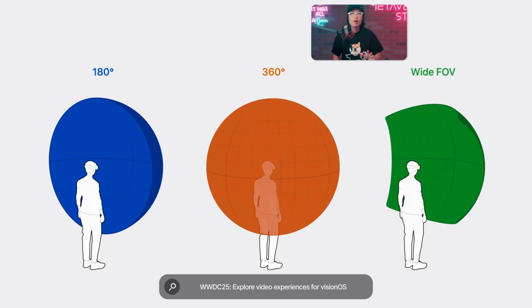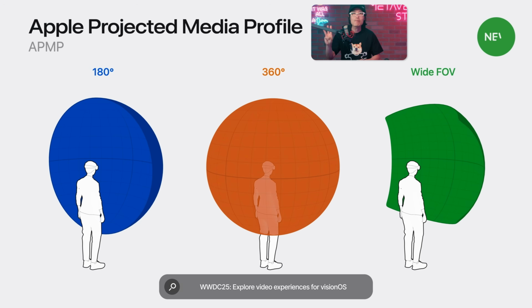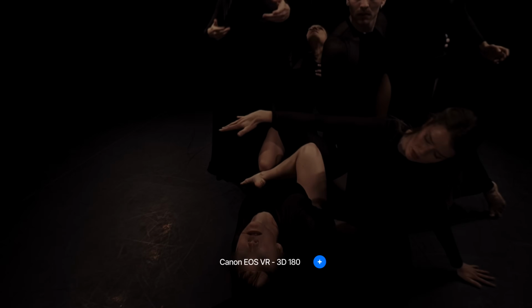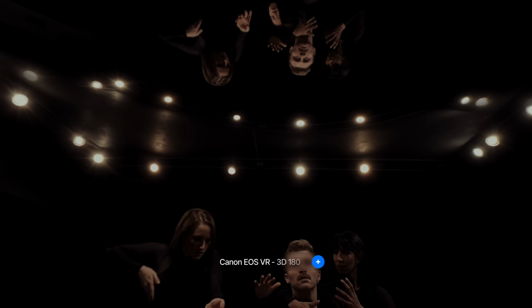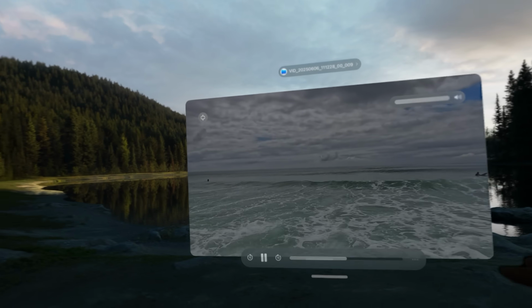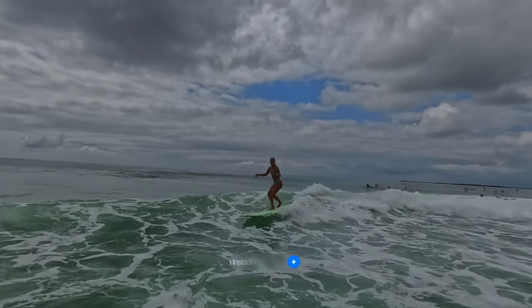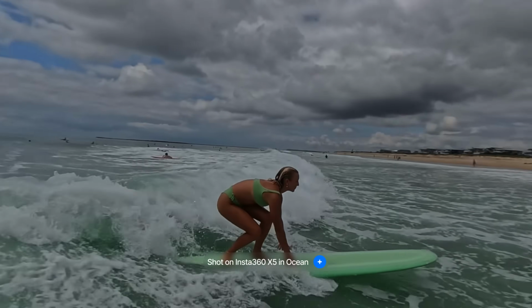Now, here's where things get interesting. Apple now supports 3 entirely new types of immersive video, all captured with fisheye lenses or wide field of view lenses. That includes 3D 180-degree video like what you can get from the Canon dual fisheye lens on the R5C. It also includes full 360 video from cameras like the Insta360 X5 or the Canon Qoocam 3 Ultra.